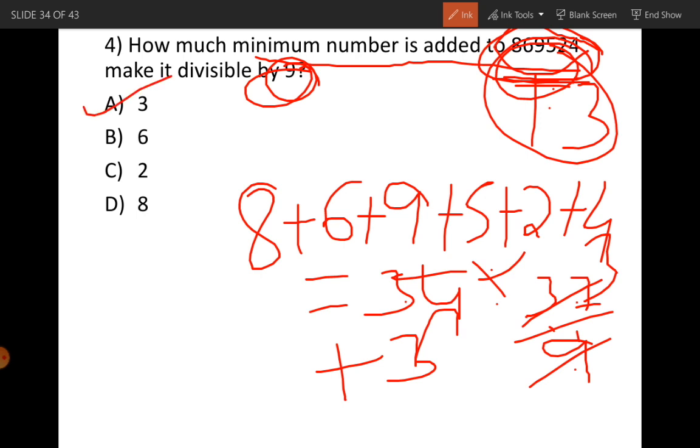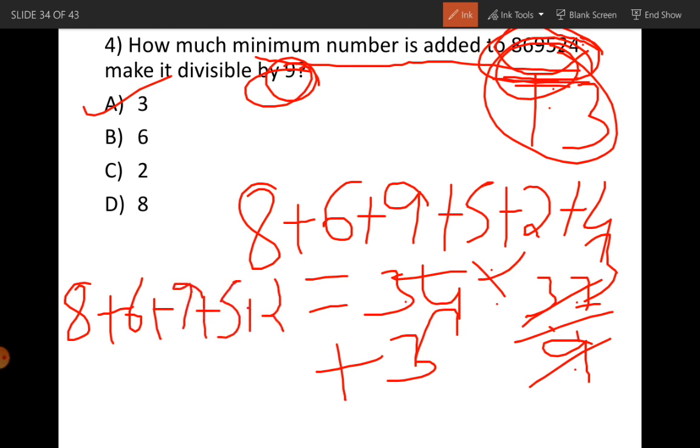I will explain once again. The sum is 34. If we add 3 to this 4, it becomes 7. So 8 plus 6 plus 9 plus 5 plus 2 plus 7: 8 plus 6 is 14, 14 plus 9 is 23, 23 plus 5 is 28, 28 plus 2 is 30, 30 plus 7 is 37.